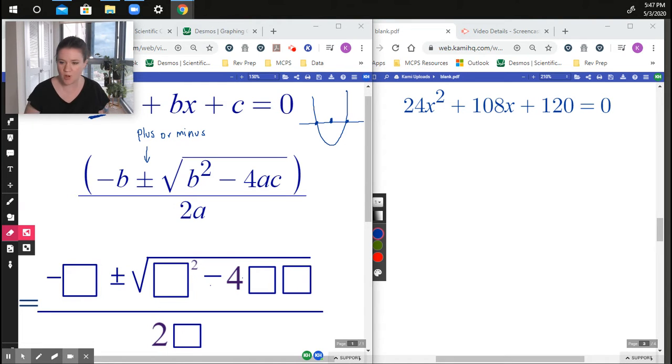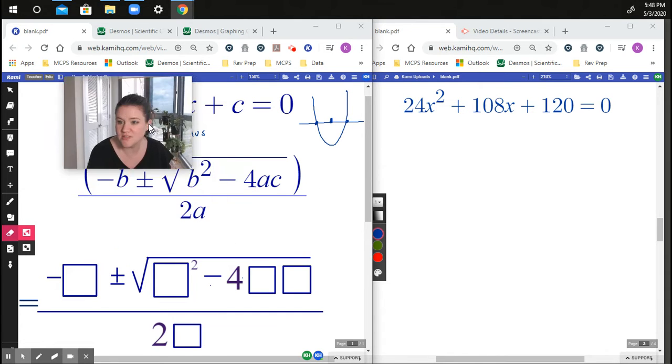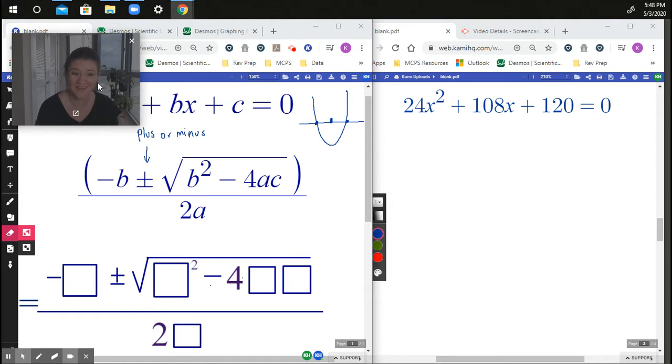So if I look at this problem right here, I see 24x squared plus 108x plus 120 equals 0. The good news is that's the standard form, right? So we're in standard form here. The bad news is I'm going to have to find b squared, which is 108 squared.